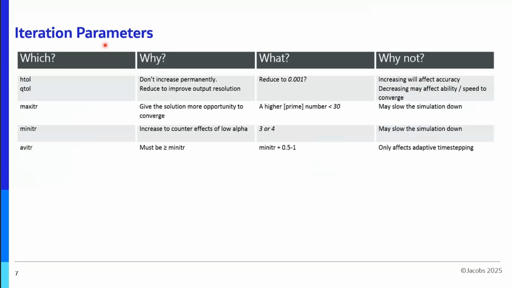Those are, as you can see on the left-hand side, htol and qtol, min-iter and max-iter, and ev-iter. And the reason we call them iteration parameters is because they have a direct influence on the iteration process described previously, which is at the heart of the Preissmann box scheme.